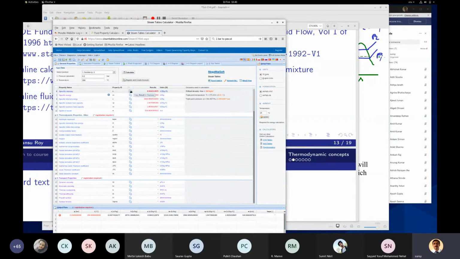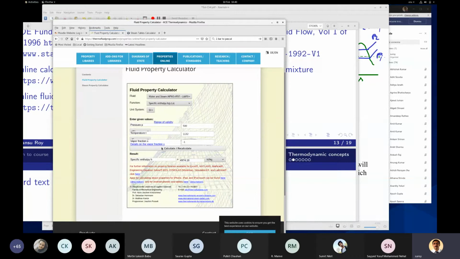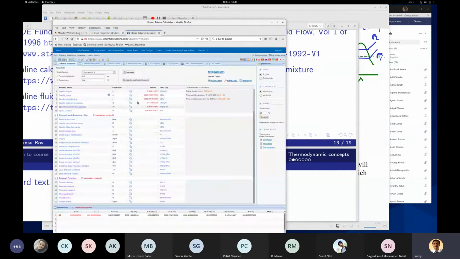So let me see. Here internal energy is given, and here enthalpy is given. Here we need internal energy, so directly you are able to get it. Internal energy 2662.